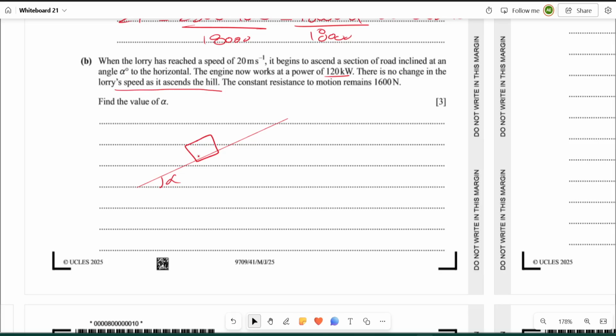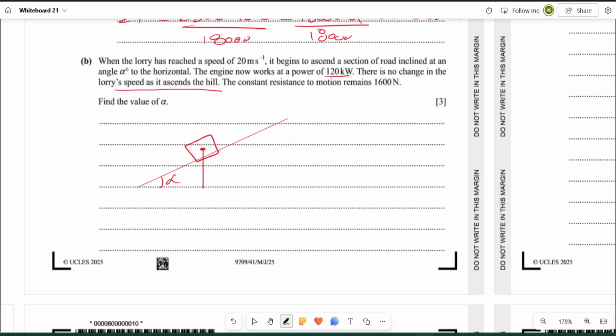There are a couple of ways we can solve this: drawing a free body diagram and getting the equation of motion using Newton's second law, or using the work energy principle. I'm going to show you the work energy principle later, and you can come back and solve this question using work energy transfer after I explain it and see if you get the same answer.